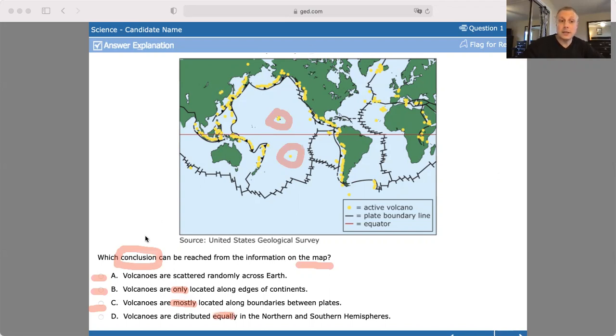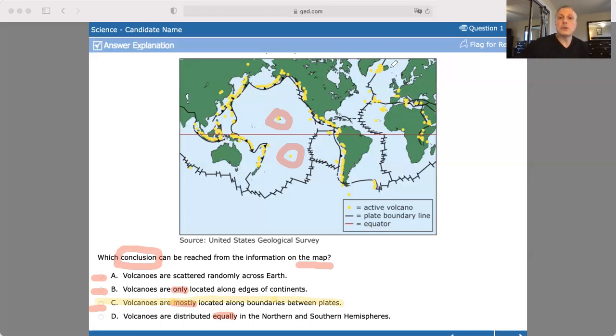So with that in mind, you can say, you know what? We like option C, where volcanoes are mostly located along the boundaries between the plates, because when pretty much friction and movement is occurring, that's when we see some of those things happening in here.